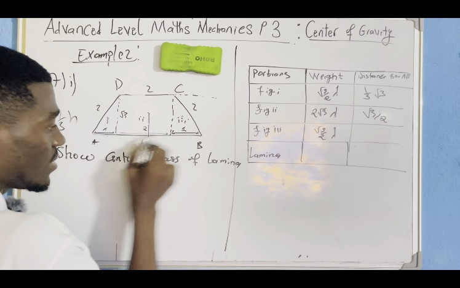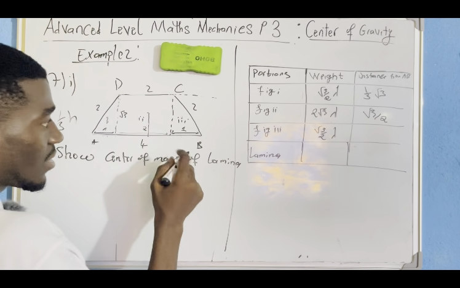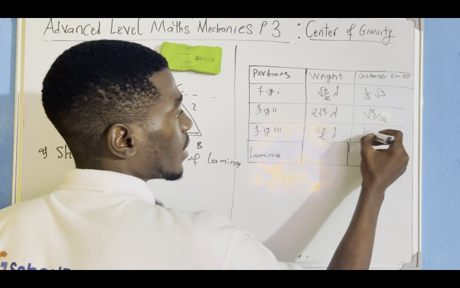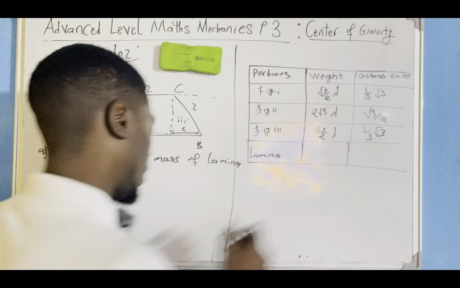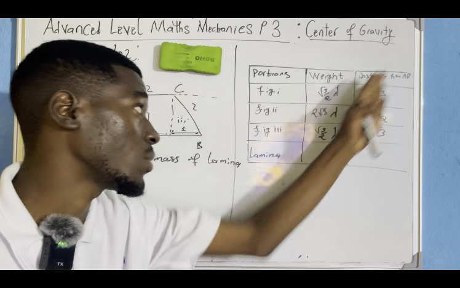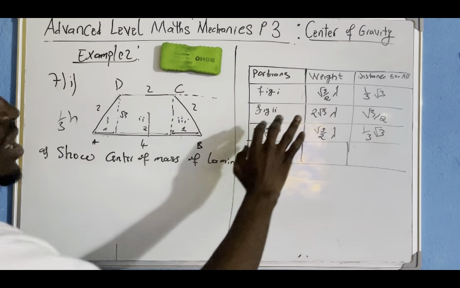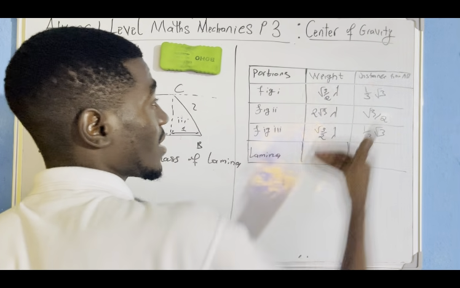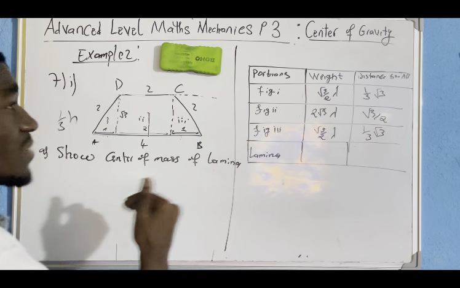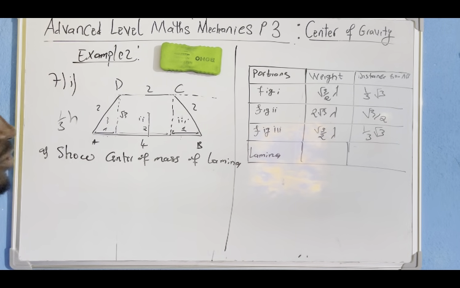But since AB is the base, center to base of the triangle should be 1/3 the height, which is root 3. That is all. Please, students, you should be able to come out with this. That is already a mark. When you are able to come out with the distance from side AB to the center, you cannot fail the question.